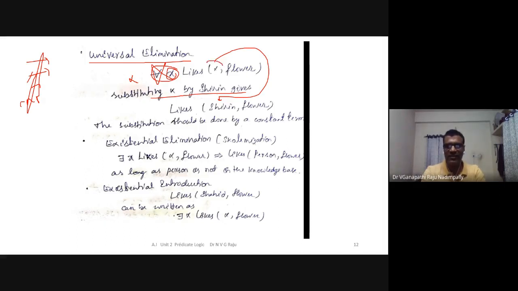Here x is a variable. Wherever x is there, I'm replacing it with a constant. Then I can directly eliminate the for all symbol. Now my sentence will become likes(Shivani, flowers). That means Shivani likes flowers, isn't it? The substitution should be done by a constant term. This is called universal elimination. This logic I am going to use in my next examples. Is it okay? Or shall I discuss once again?